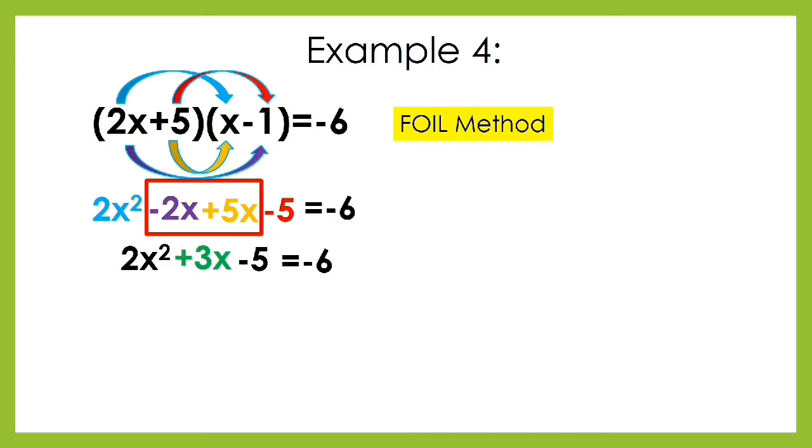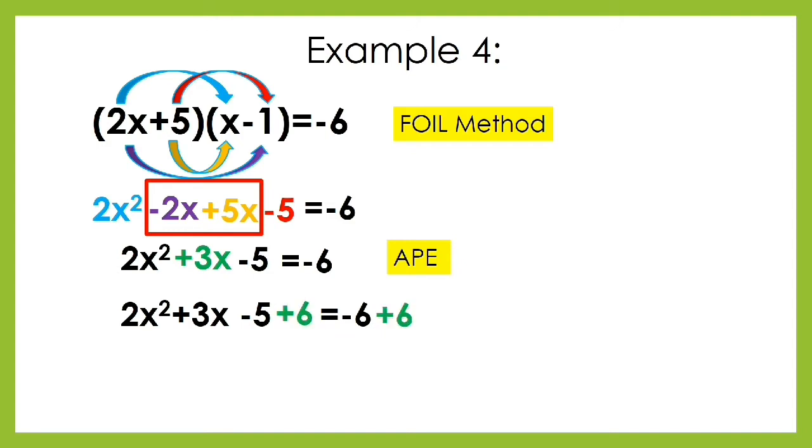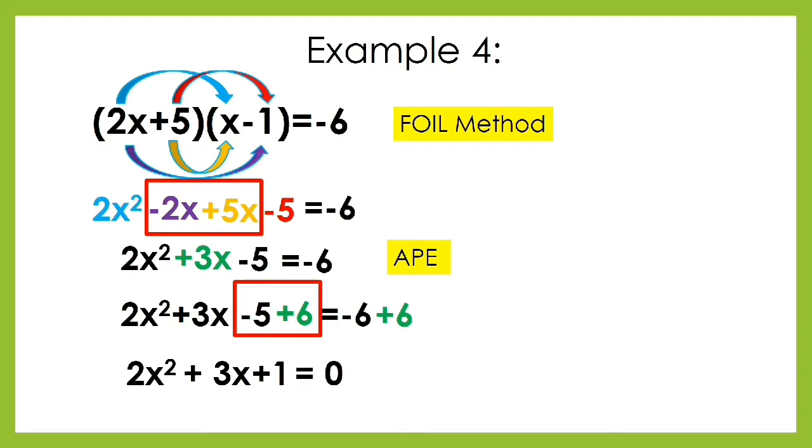We will apply the APE or addition property of equality. We will add 6 to both sides of the equation. Then we simplify. We now have 2x squared plus 3x, negative 5 plus 6 is positive 1, equals 0. 0 is negative 6 plus 6.